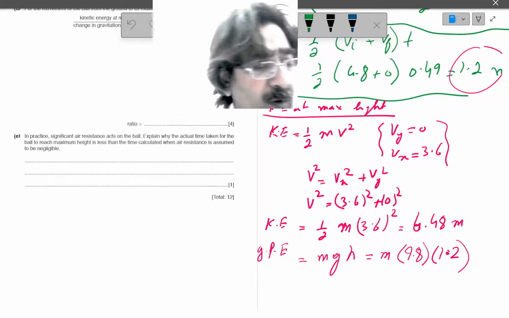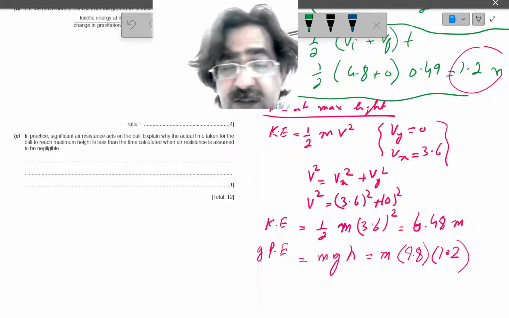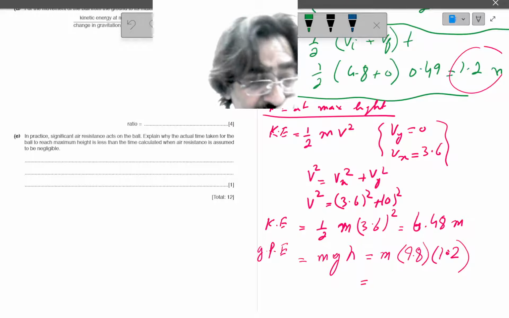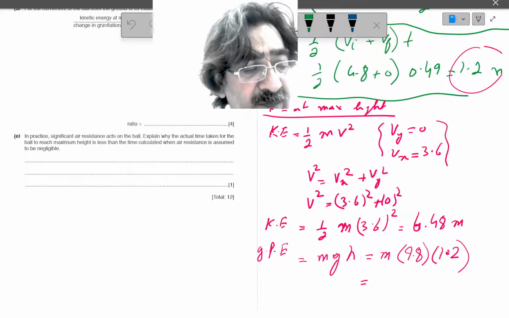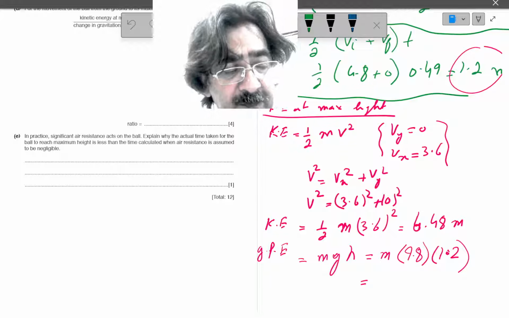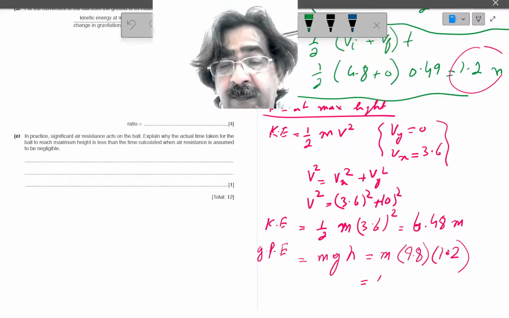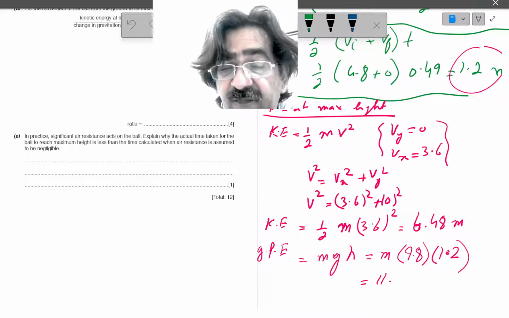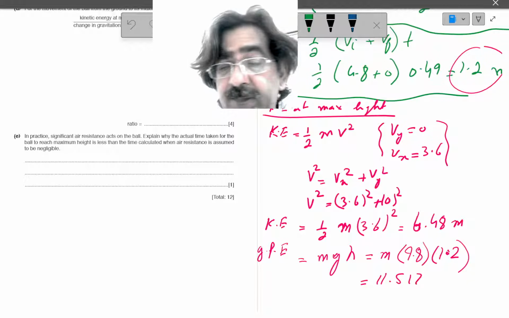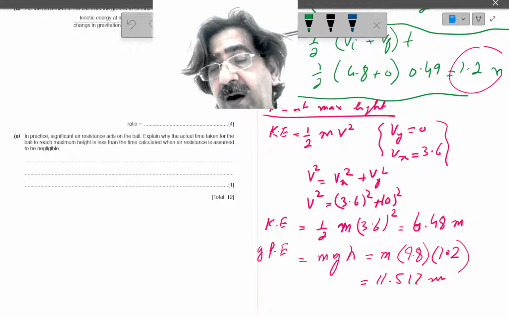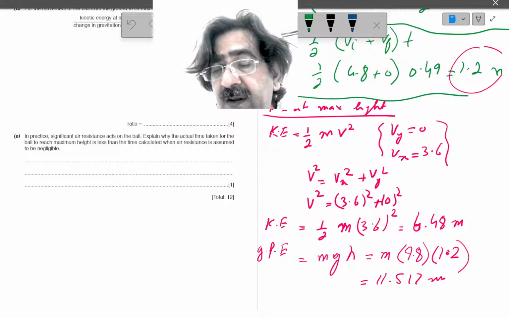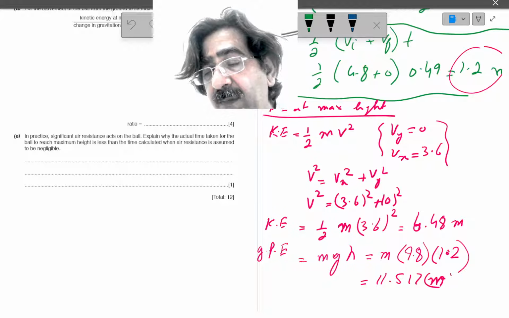So the potential energy will be approximately equal to 11.517 times mass. Here the mass is multiplying with both.